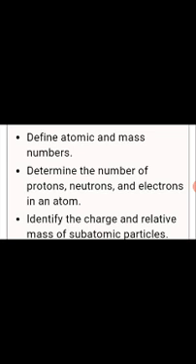Determine the number of protons, neutrons and electrons in an atom. The number of protons always equals the number of electrons. In oxygen, the atomic number is 8, which means 8 protons and 8 electrons, because the number of protons always equals the number of electrons.